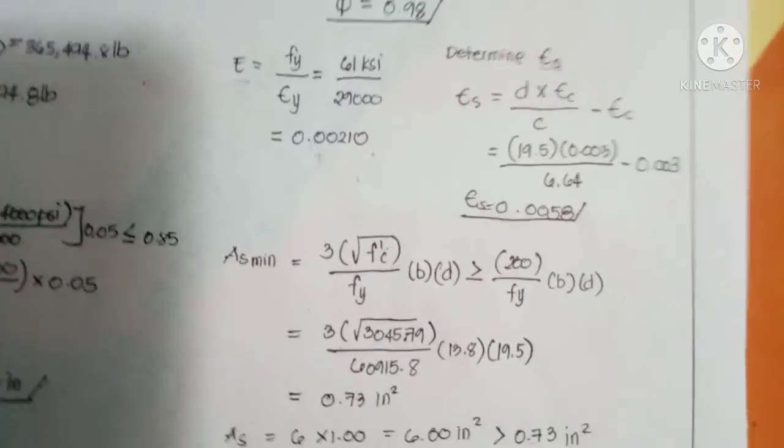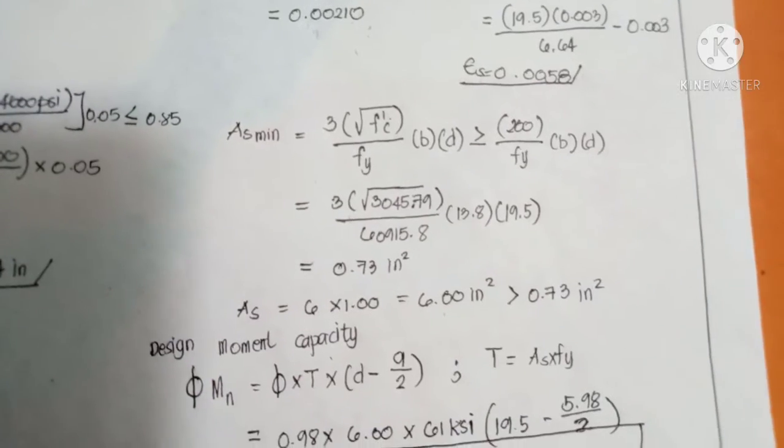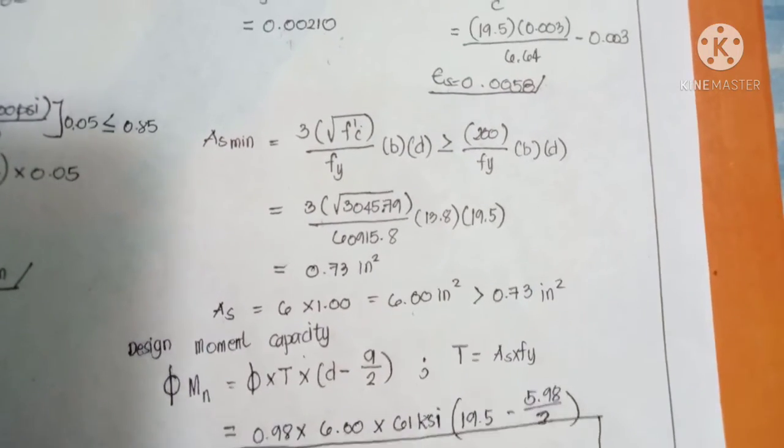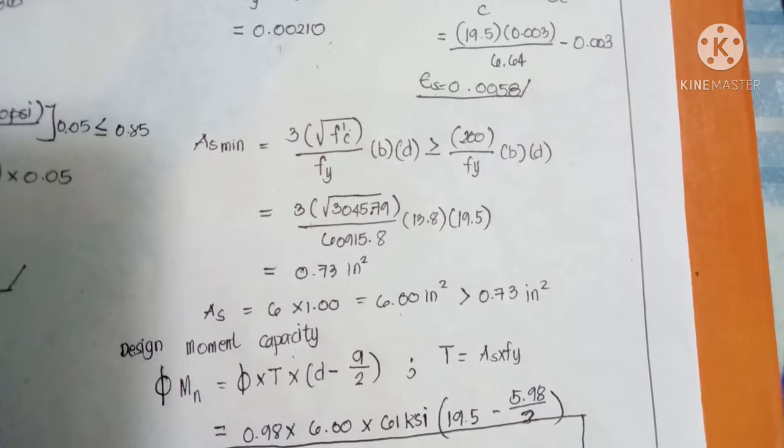Next, let's determine if the beam section satisfies the minimum steel requirements of ACI.